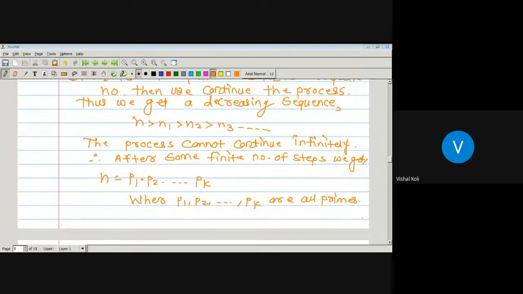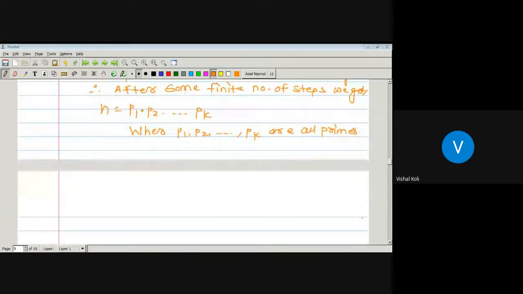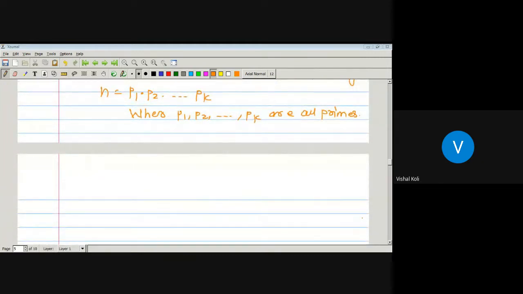That is, if n is any integer which is greater than 1, then it can be expressed as a product of primes, or if n is a prime, then there is nothing. That is, whenever n is an integer, then either it is a prime or it can be expressed as a product of primes. Now we have to prove the uniqueness only. Since here we have proved the existence of such an integer n which is a product of primes, but that will be uniqueness.